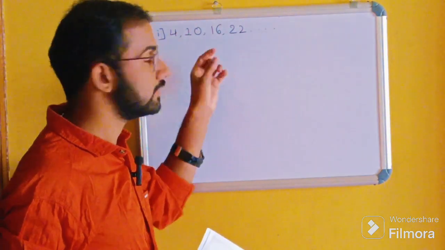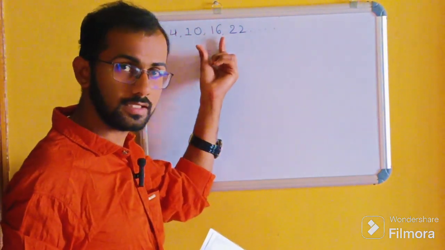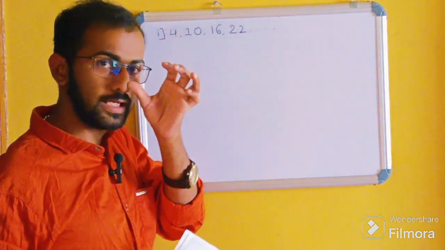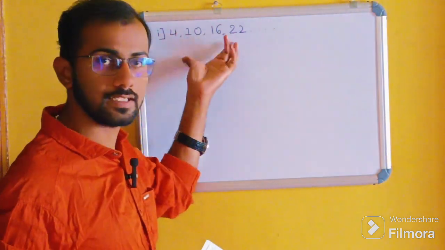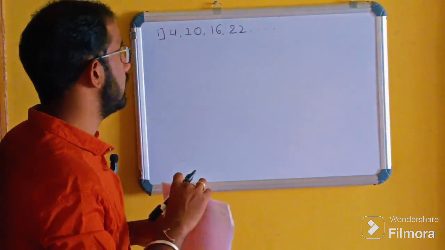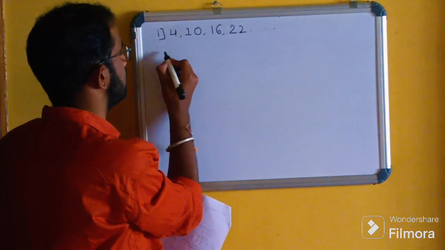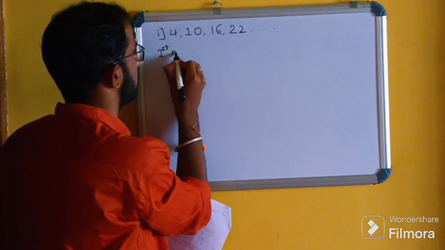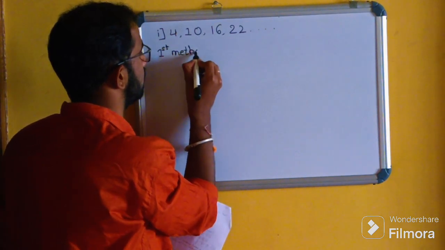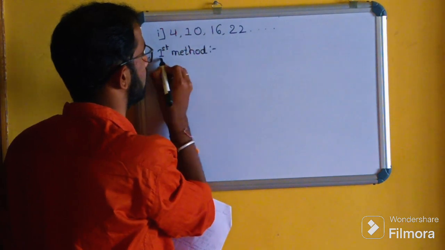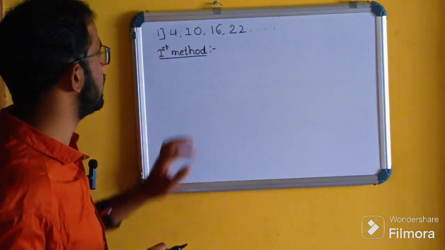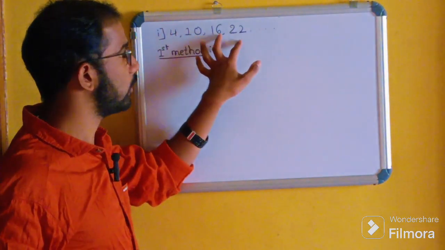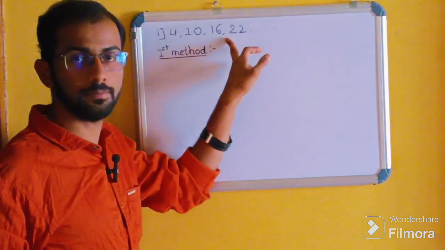In order to find whether this is an arithmetic progression, there are two methods. How can we check whether it is an arithmetic progression? Let's see. The first method is, first we need to find the common difference between these four numbers.